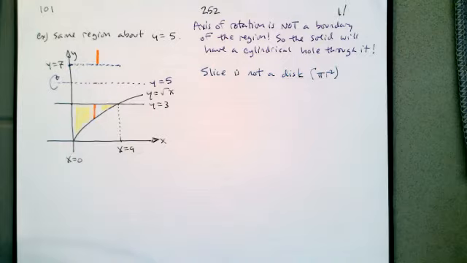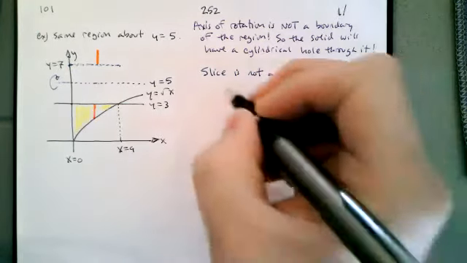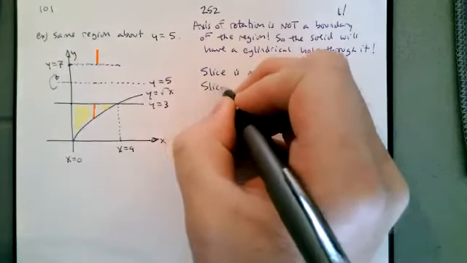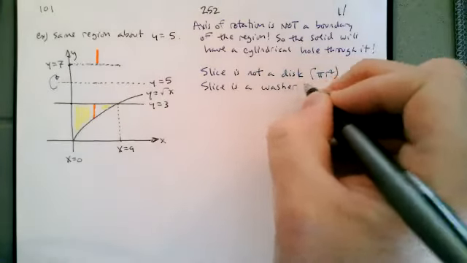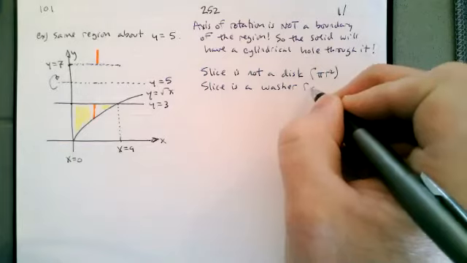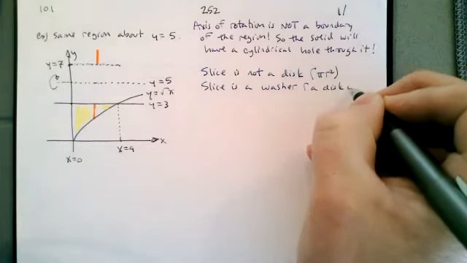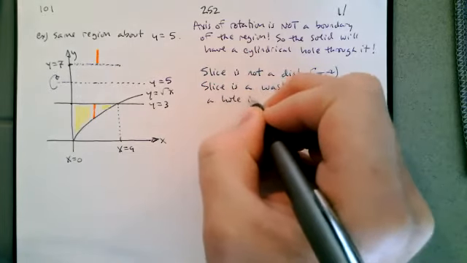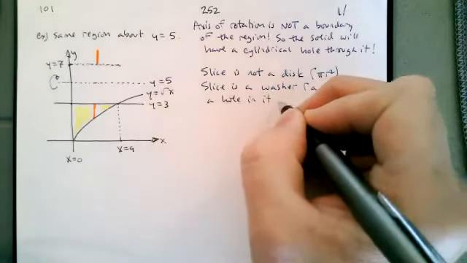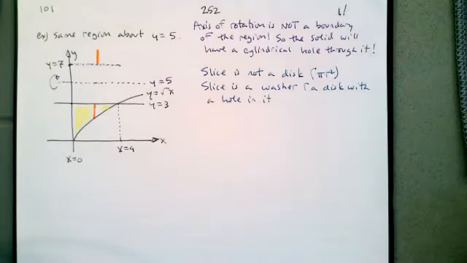The slice is now a washer. That's a disk with a hole in it. So the slice is now going to be a washer, which is a disc with a hole in it.